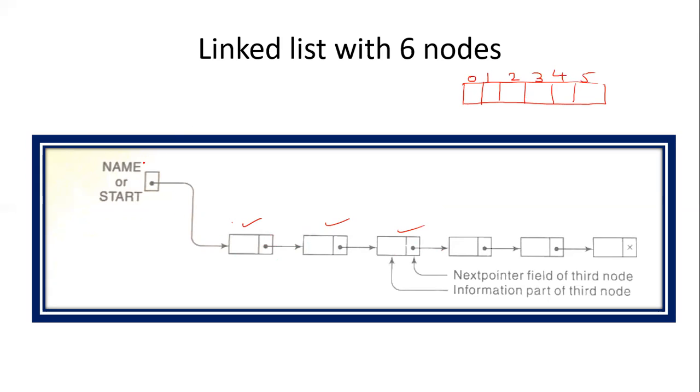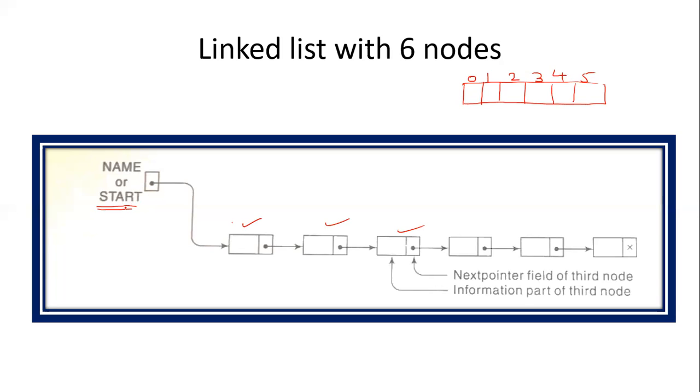Next, to access a linked list, we need a pointer. Just like we have an index for an array, similarly we need a starting index for a linked list. That is represented with the help of start.